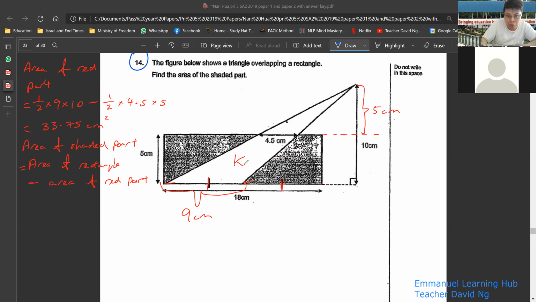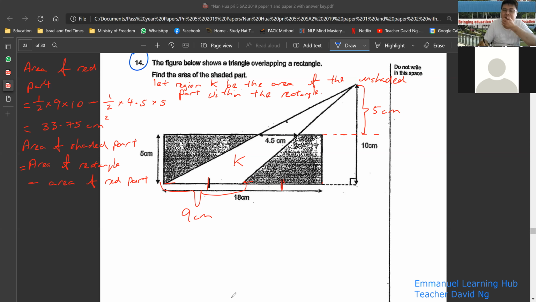Before you write K like that, in the question paper you must indicate: let region K be the area of the unshaded part within the rectangle.